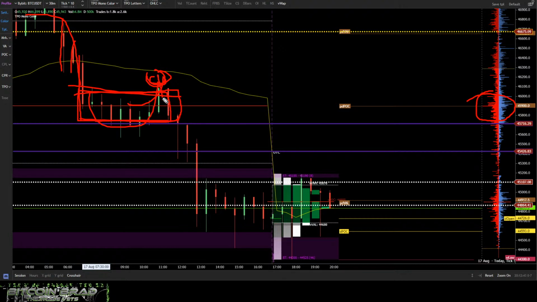We get some excess, trade back down into structure, come down, retest structure, hold below it, and then sell off, right? So we get excess, imbalance, value. We confirm value with volume, and we got a little bit of excess on the upside. We've got some good excess on the downside right here.